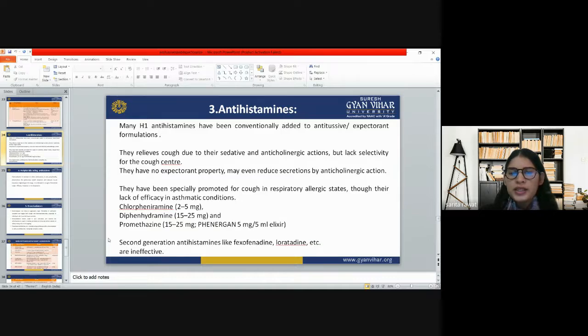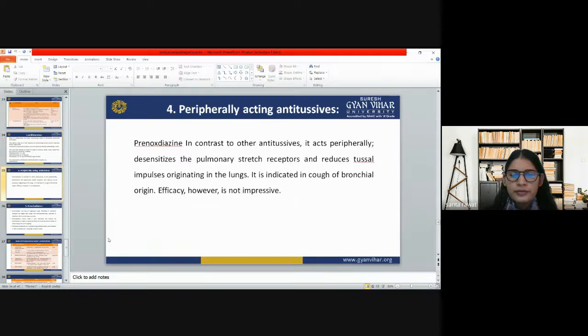So they have been especially promoted for cough in respiratory allergy states, though they lack efficacy in asthmatic conditions. They include chlorpheniramine 2 to 5 mg, diphenhydramine 15 to 25 mg, and promethazine 15 to 25 mg. Then we have second generation antihistamines also, like fexofenadine and loratadine and many others. They are also ineffective.